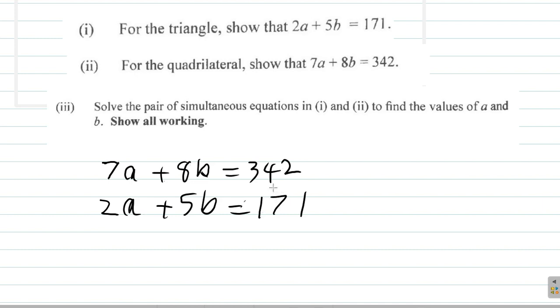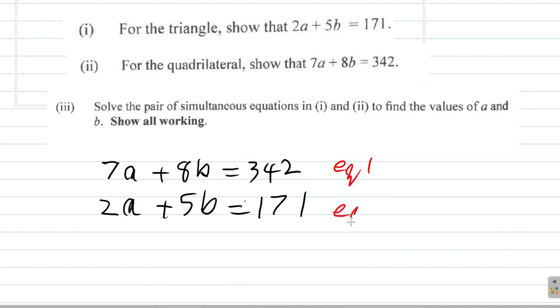Now, you remember you have 4 main ways you can solve simultaneous equations. You can use the elimination method, substitution method, matrices, and graph. But anyway, we're going to use the elimination method. Call this equation 1, just write EQ1, and this is equation 2.